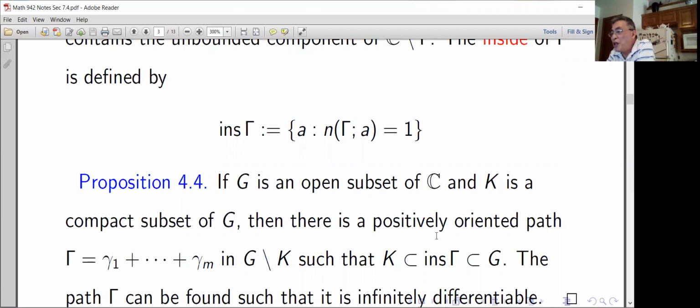Gamma is a path in G minus K, which just means gamma and K do not overlap, such that K is contained in the inside of gamma, and the inside of gamma is contained in G.